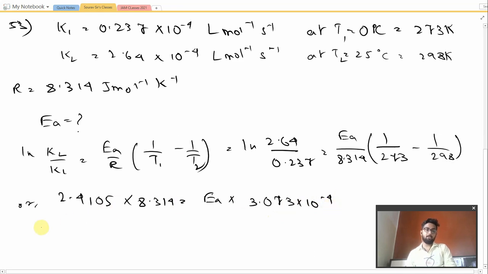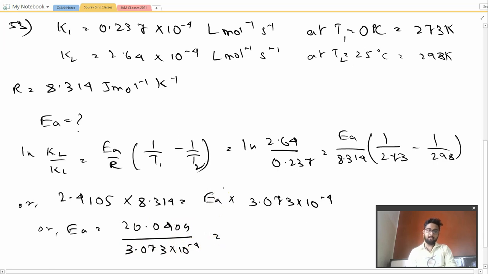So EA would be equal to, let us just calculate this value, 2.4105 into 8.314, which comes out to be 20.0409, divided by 3.073 into 10 to the power minus 4.